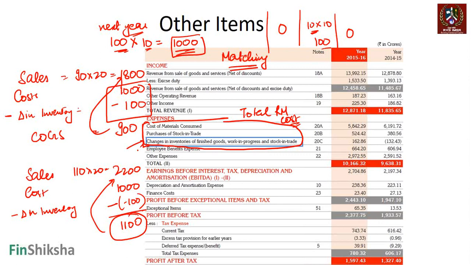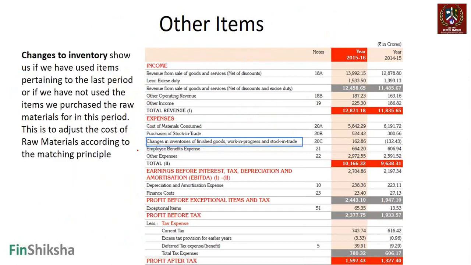And that's your other item in terms of change in inventory. The change in inventory shows if we have used items pertaining to the last period or if we have not used the items we purchased for raw materials for this period. This is to adjust the cost of raw materials according to the matching principle. Just keep this in mind, right? That's your changes to the inventory.